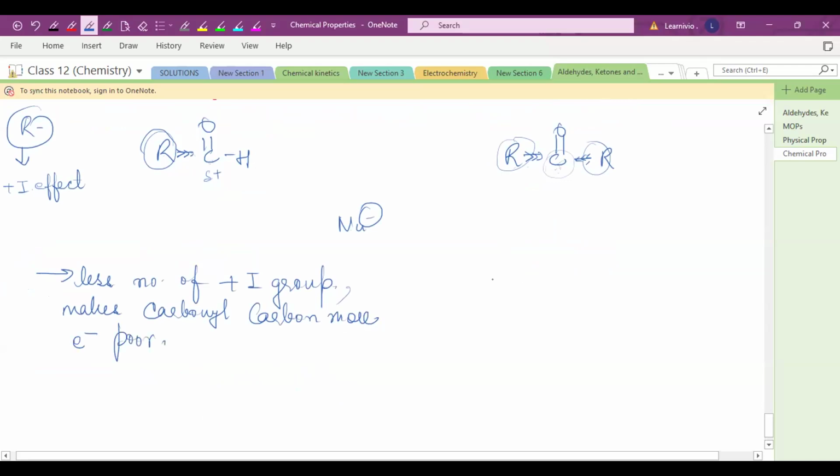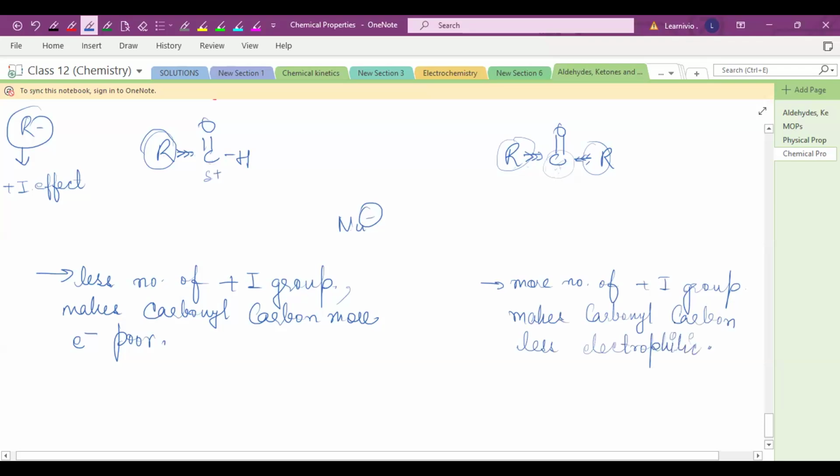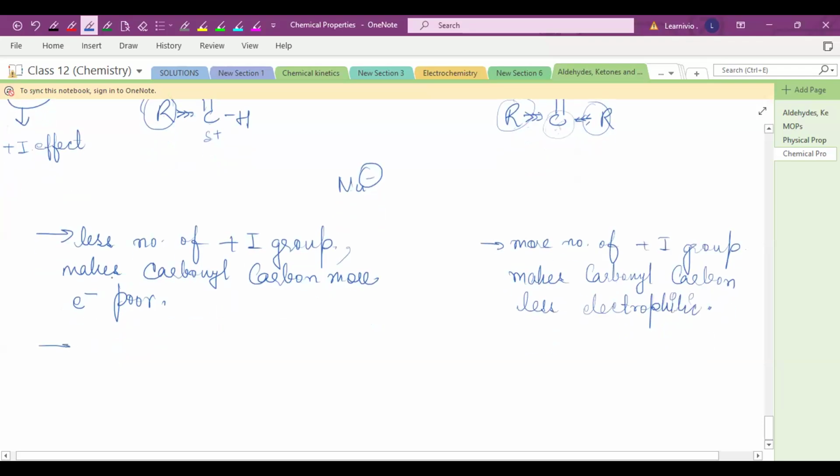And in this ketone, more plus I groups make the carbonyl carbon less electrophilic. Less electrophilic. Right. And this steric hindrance.